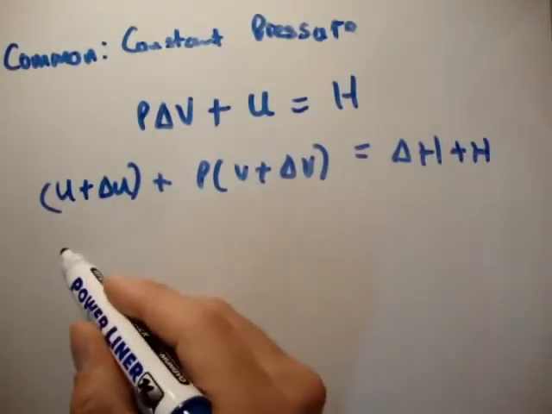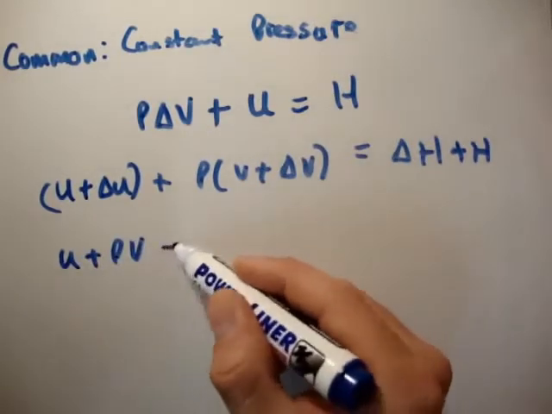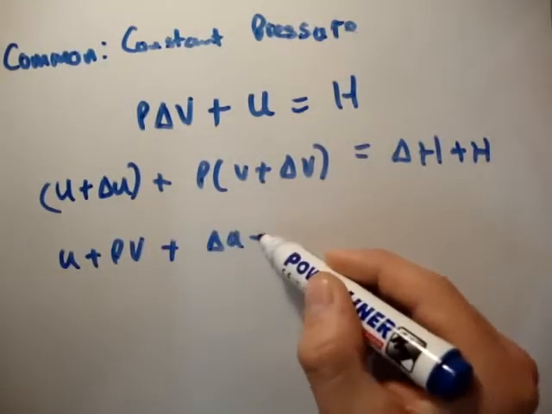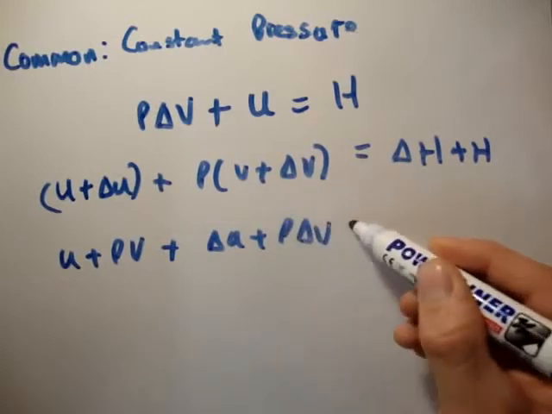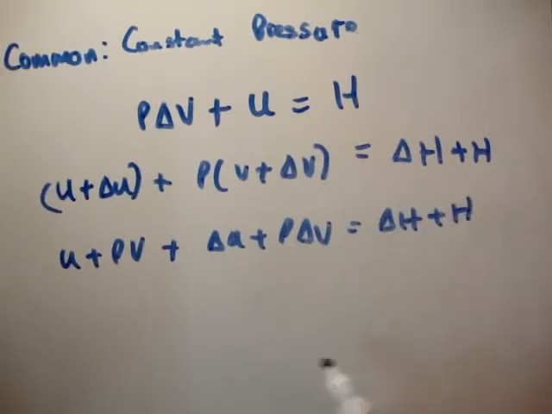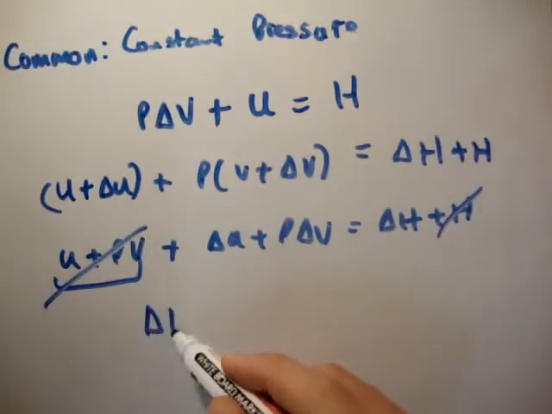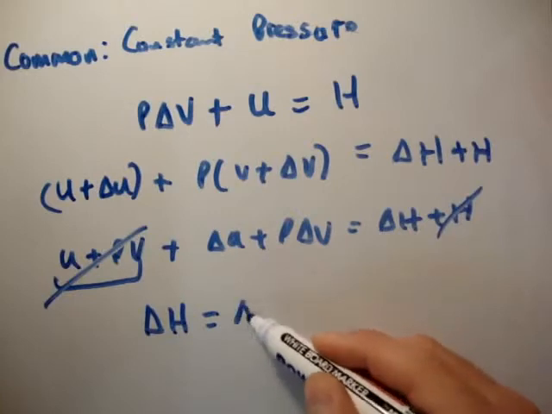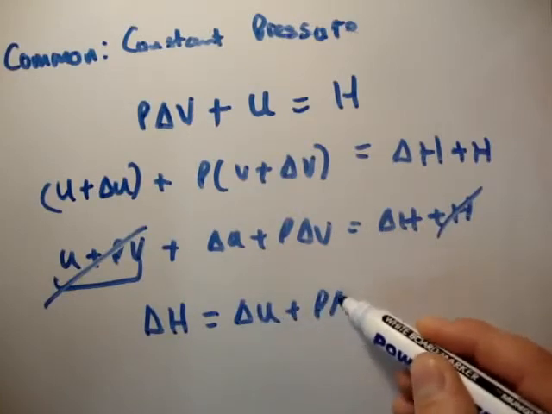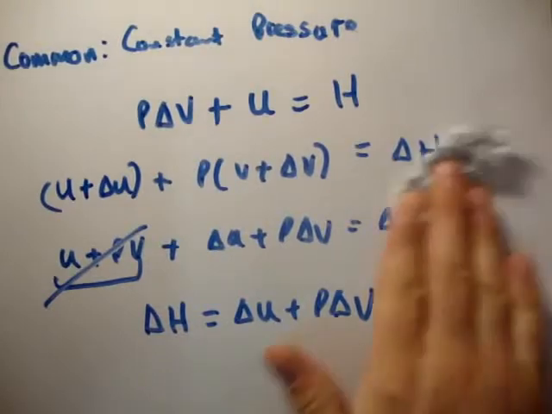So you can rearrange this as U plus PV plus delta U plus P delta V, or delta H plus H. So we see this is H, so cross it out here, and we see that delta H, the change in enthalpy, is delta U plus P delta V, as we would expect. Okay, so I'm going to move on from there.